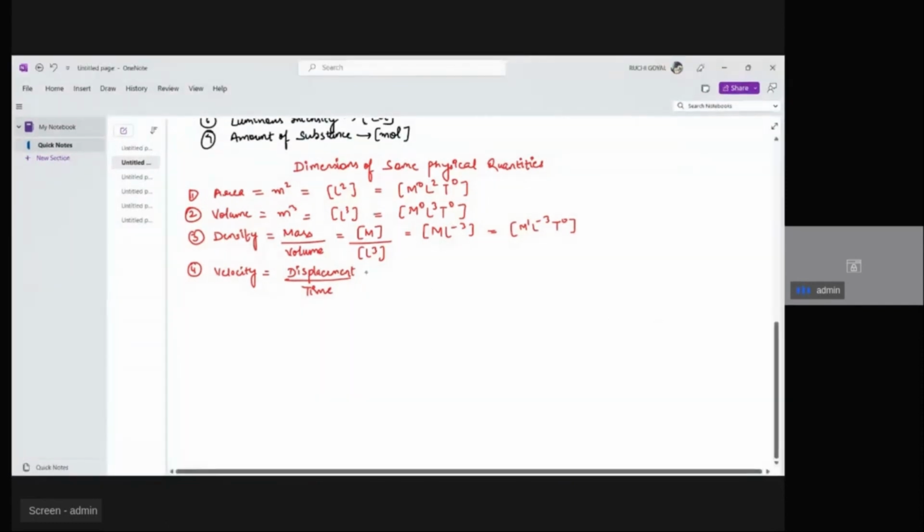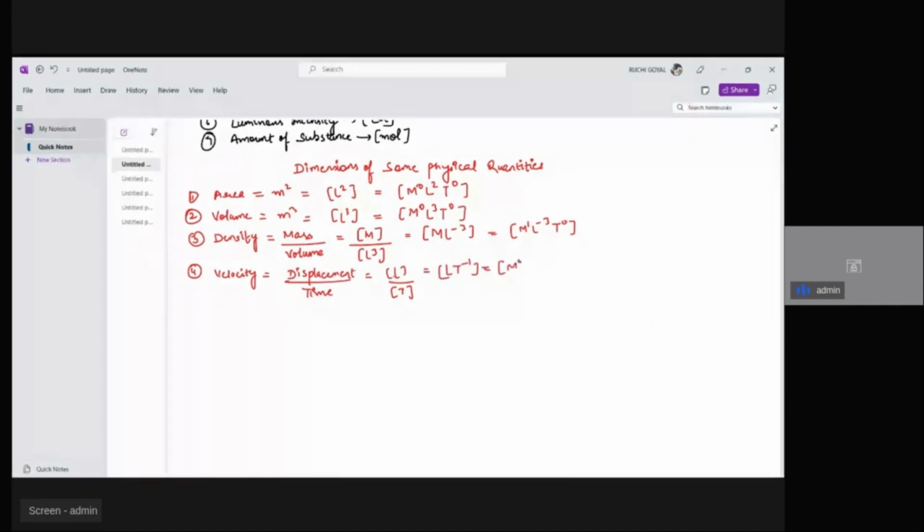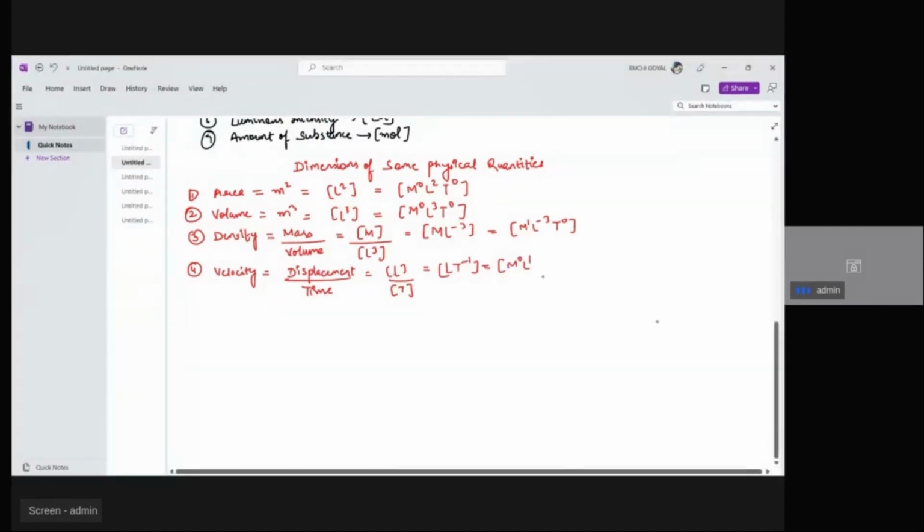Yes. So what can we denote it as? Displacement is L and time is T. So we can write L T -1, or M0 L1 T -1.